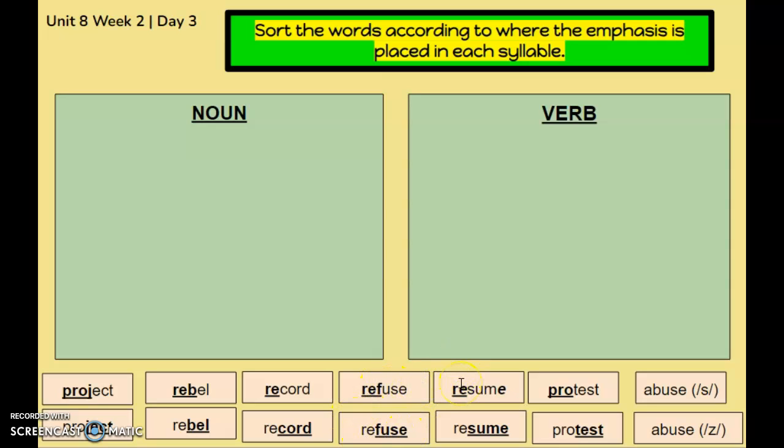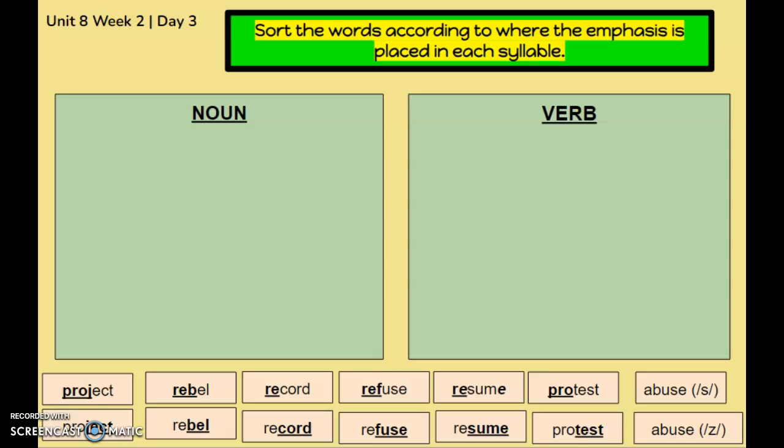You have resume and resume, protest and protest, and then take a look at this. Abuse with an S sound and abuse with a Z sound. You even heard me catch myself a little bit.